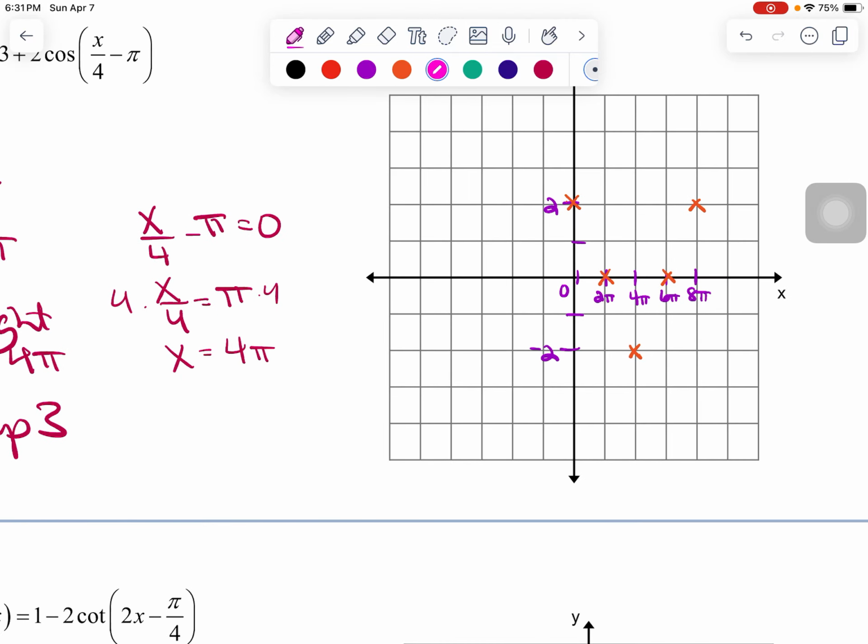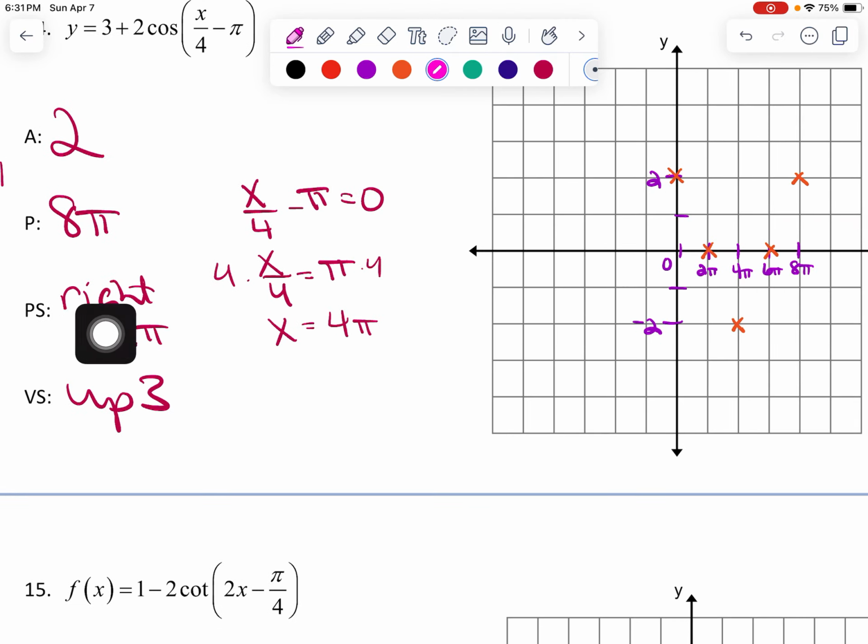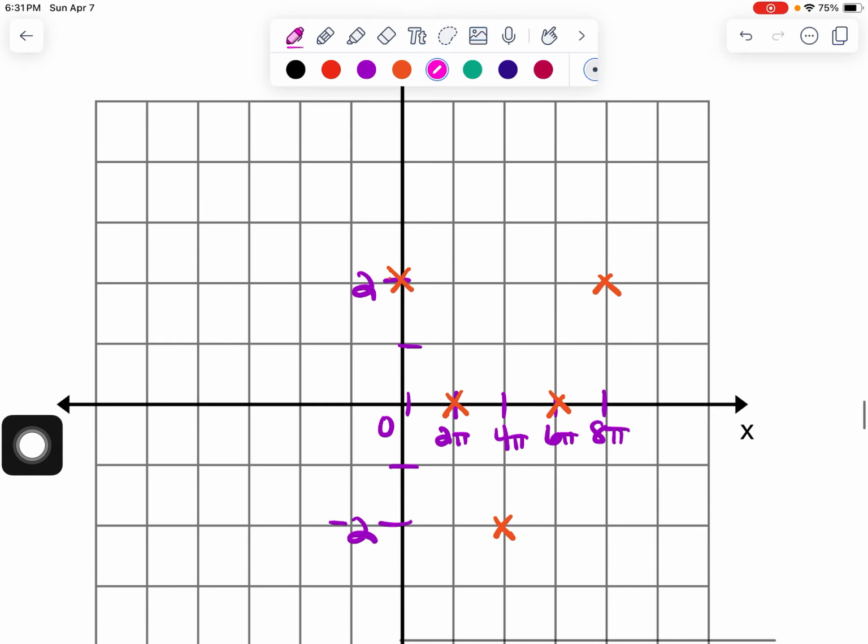So let's see how far it has to move. I need to move right 4 pi, read the right thing, right 4 pi. 4 pi is 2 spaces, all right? So 2 spaces to the right and up 3 spaces. So every point, 2 spaces to the right, and then up 1, 2, 3.